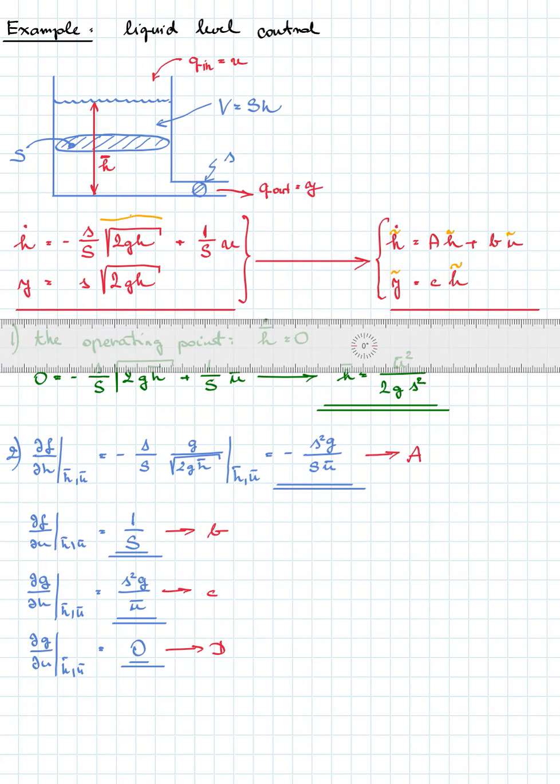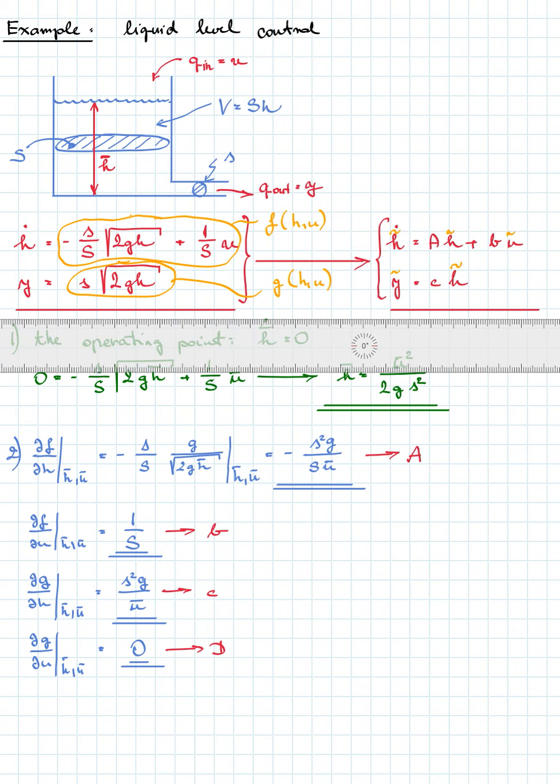This term here is the nonlinear equation f with the two arguments h and u. And this nonlinear equation here is j, h, and u.